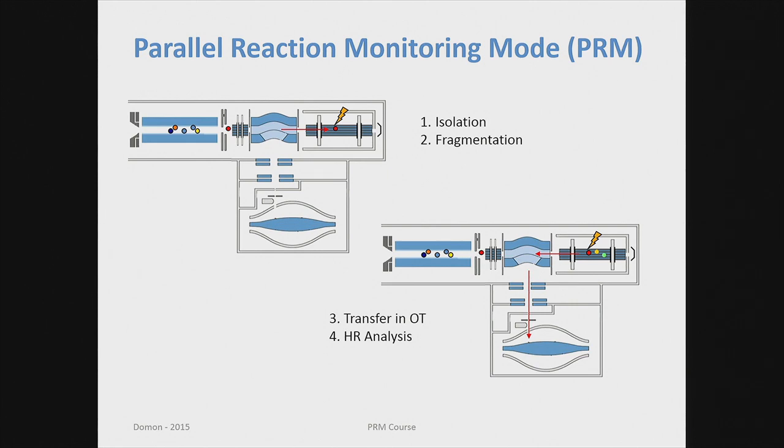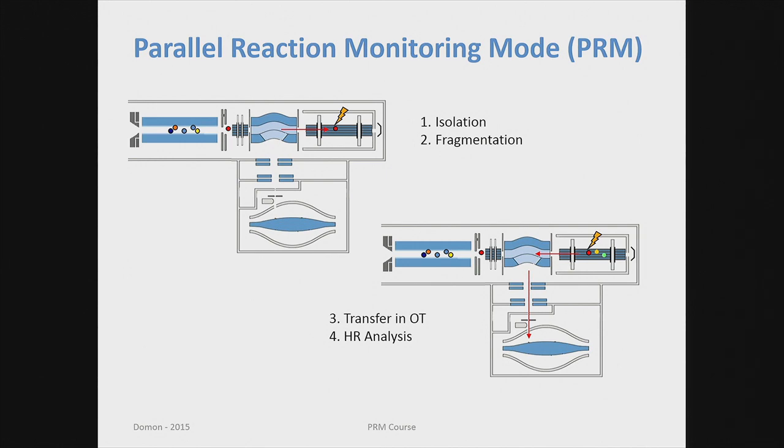So this is, once again, the workflow and the different steps. You isolate one precursor, you fragment it, and then you push the fragments collectively into the Orbitrap. And while you measure the full MS spectra, you can already start the next preparation of the fragment ions, if you will.